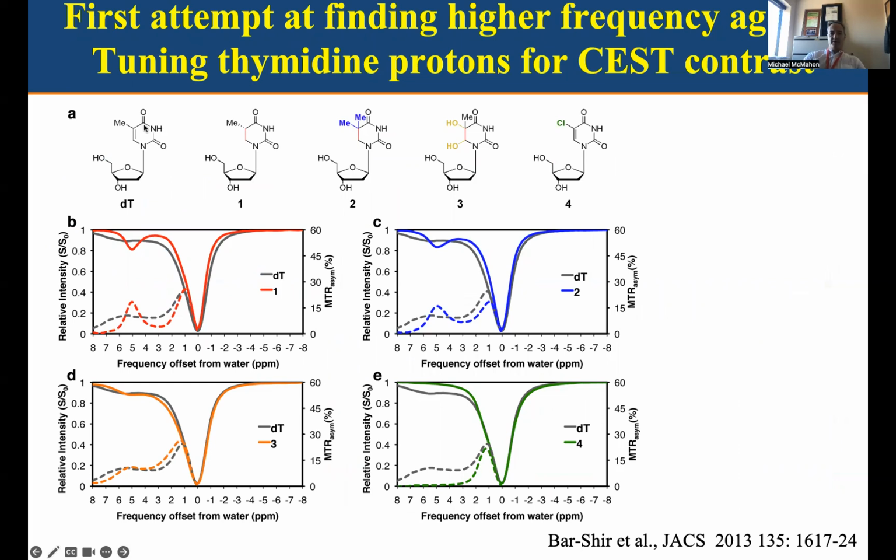And while natural thymidine doesn't display much CEST contrast, when we manipulate the ring by changing this double bond to a single bond here, or adding an extra methyl group at this position here, you can see that we get nice prominent chemical shift contrast at around 5 ppm from water. So while not ideal, it is definitely a big improvement over glucose and glutamate with this 5 ppm chemical shift. And this is something we published back in 2013.